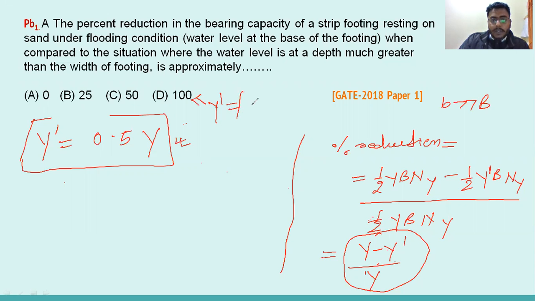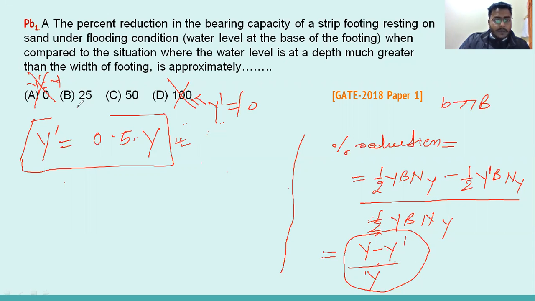Gamma dash, the submerged density of soil, cannot be 0, so this option cannot be true. Similarly, if gamma submerged is equal to gamma, we get a percentage reduction of 0. That is not true because gamma submerged is not equal to bulk, as we know.